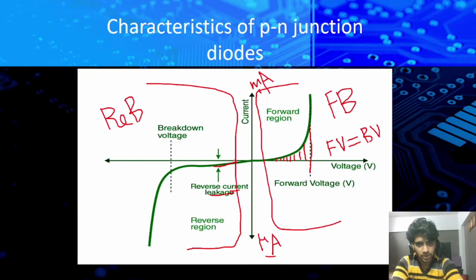Now, there is an increase in reverse potential. This region is the forward region, as the potential here is positive, and here is the negative or reverse potential. When the reverse potential reaches the breakdown voltage, there is a sudden increase of current. Why is there a sudden increase of current?